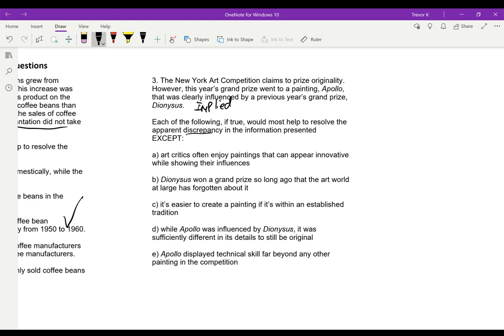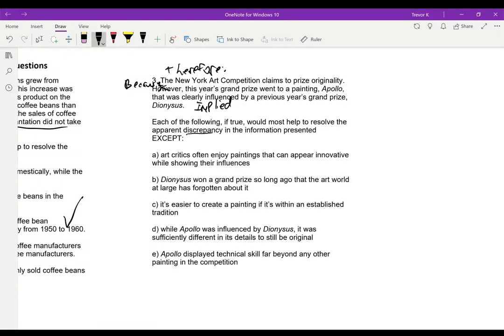Therefore, the New York art competition prizes originality because this year's grand prize went to a painting that was clearly influenced by a previous year's grand prize. I'm writing because there. So there's a big gap there. If they did prize originality, you would expect them not to do that.